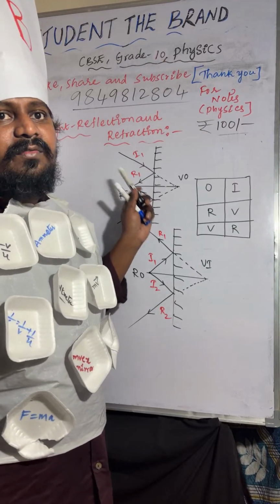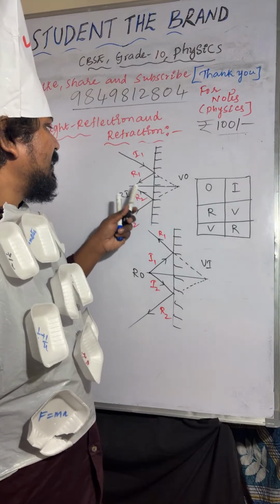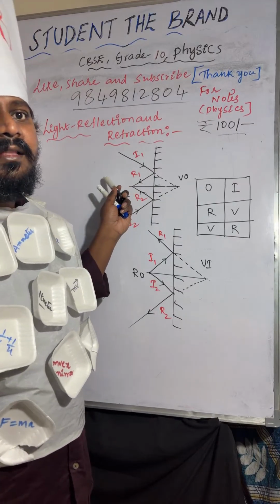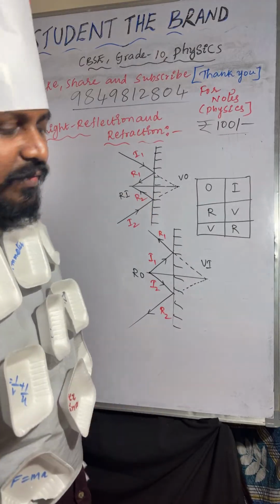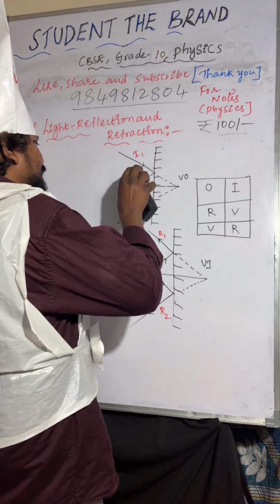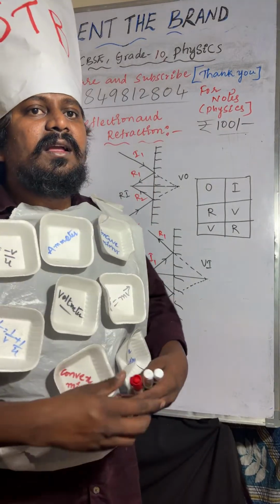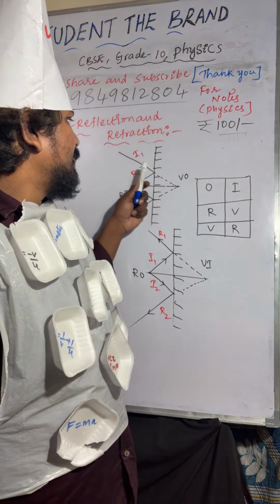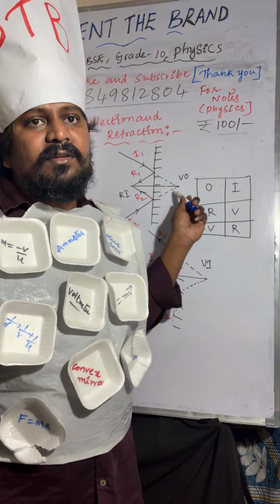So the point of intersection of reflected light rays, where these reflected light rays are directly meeting at one point, the image forming there is called a real image. The point of intersection of extended incident light rays is called a virtual object.